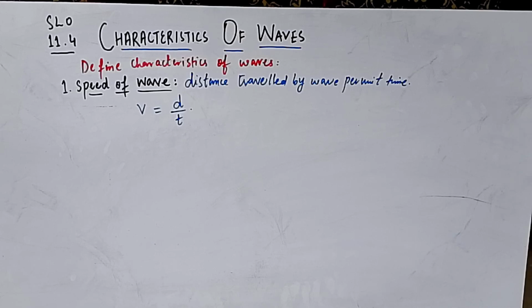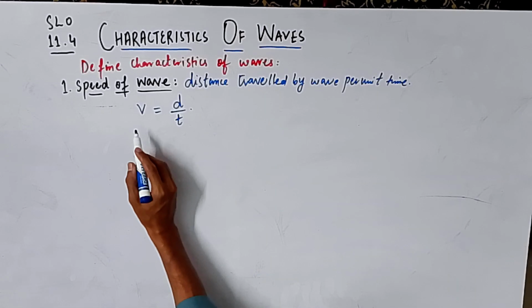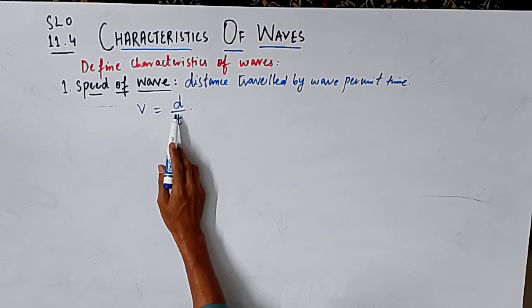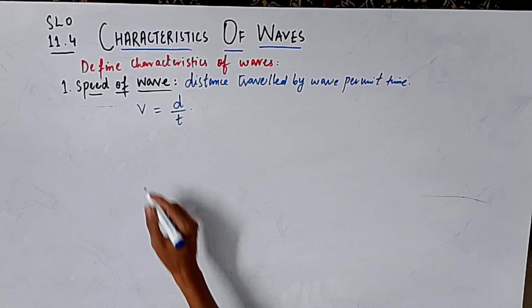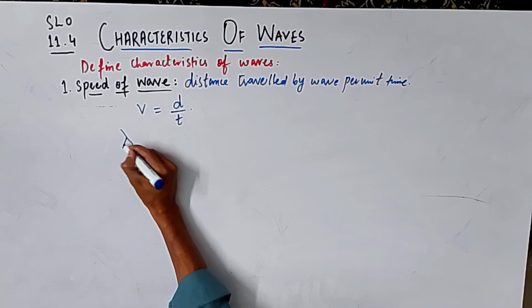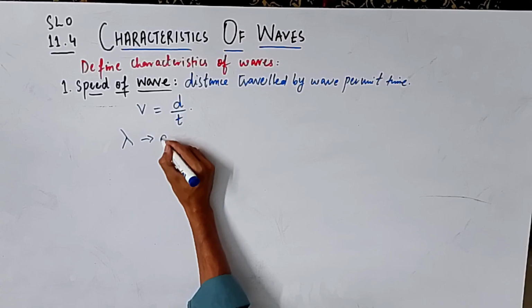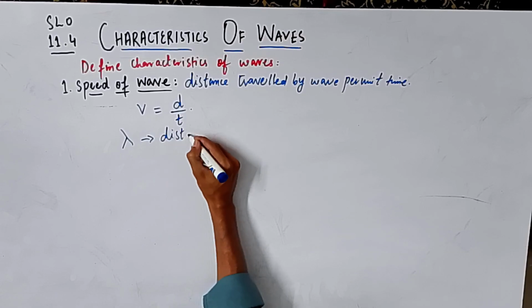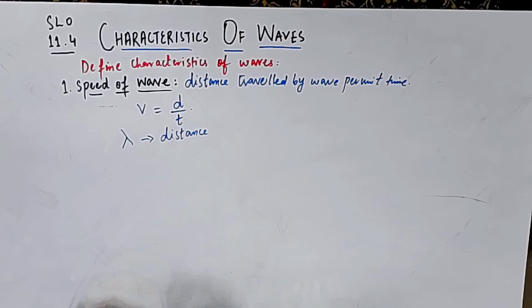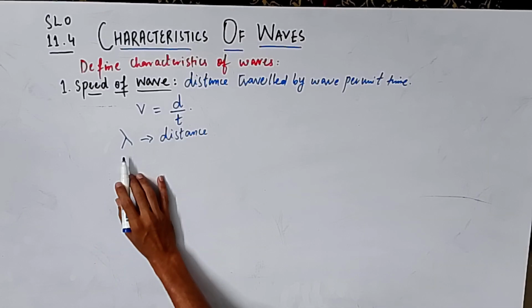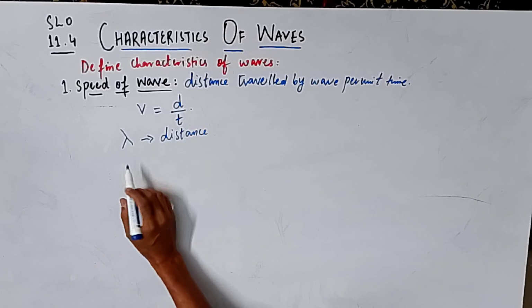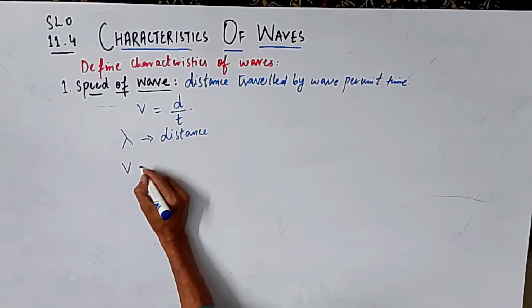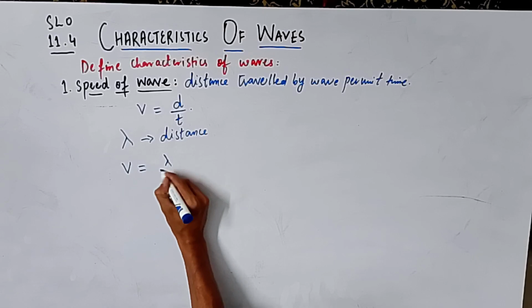But here you need to understand one thing: when we talk about the wave, the distance is actually this symbol. It is the distance of a wave. We call it lambda. So by using this, we have v is equal to lambda upon t.